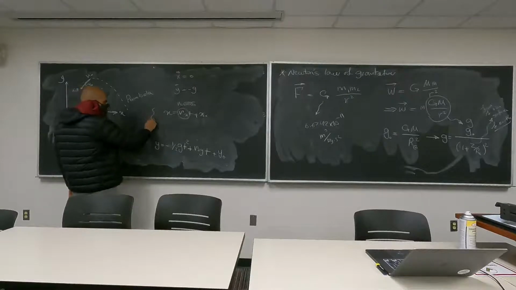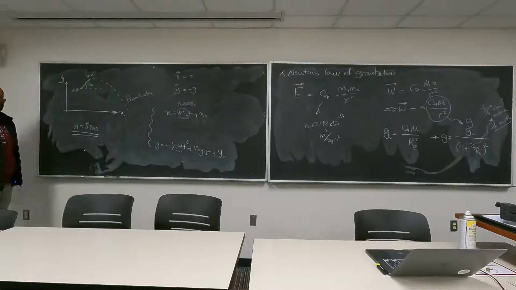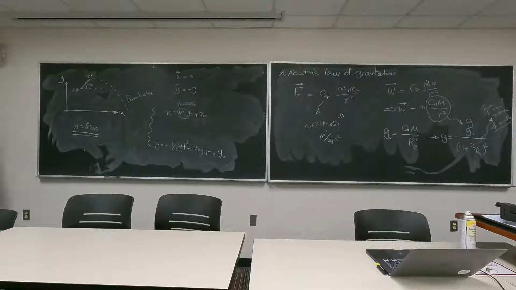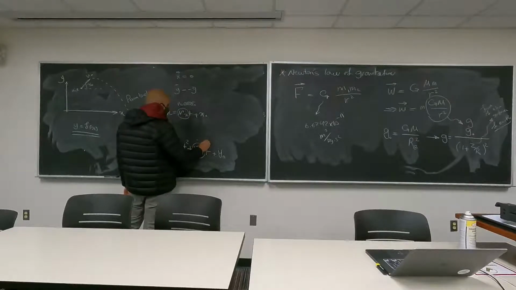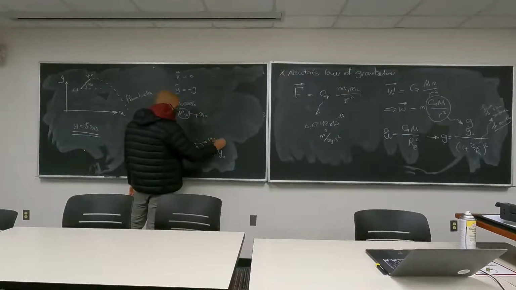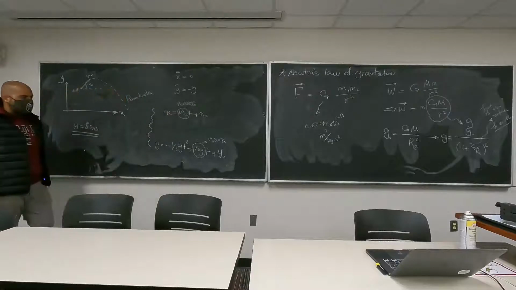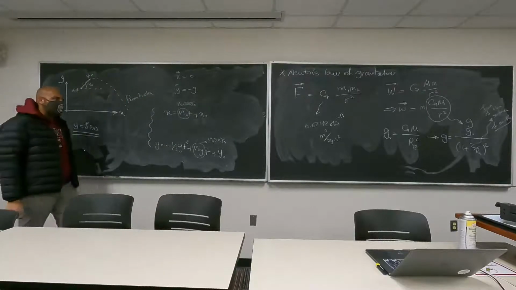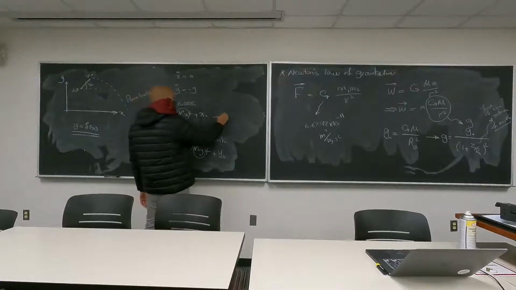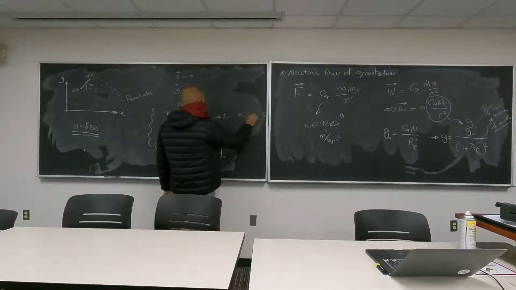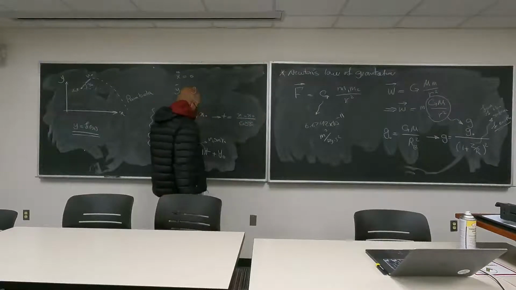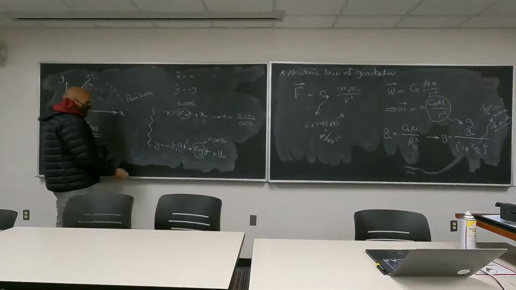Okay. So we have these two equations of motion. And v naught y here is v naught sine of gamma naught. I'm going to rewrite this equation for t to substitute in the other equation. So t is going to be equal to x minus x naught divided by cosine of gamma naught. So plug that in here.